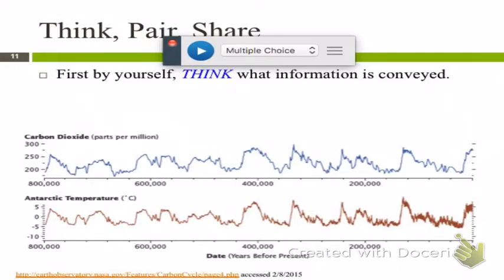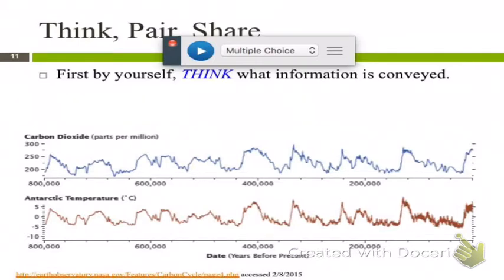So here's some data that comes from NASA, and what does it say at the bottom? Earth observatory.nasa.gov is where this data comes from. Anyone like me to read the axes? Yes.